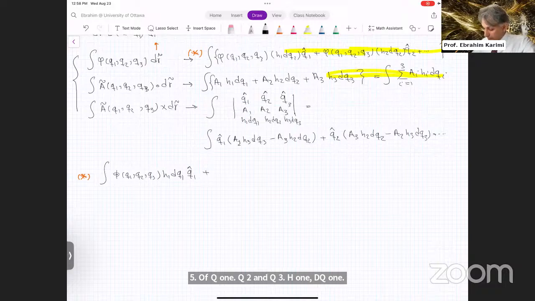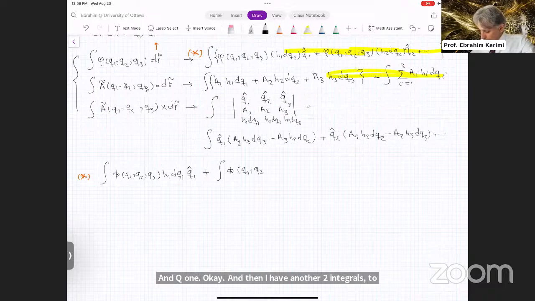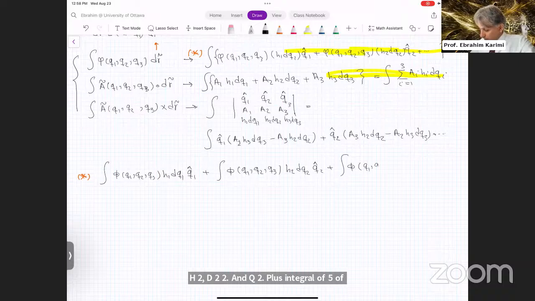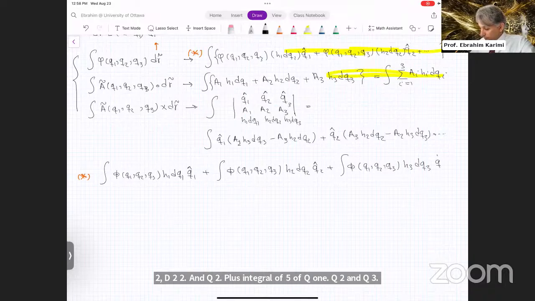And then I have another two integrals similar to that one: the integral of phi of Q1, Q2, and Q3, H2, dQ2, and Q2 hat, plus the integral of phi of Q1, Q2, and Q3, H3, dQ3, Q3 hat.